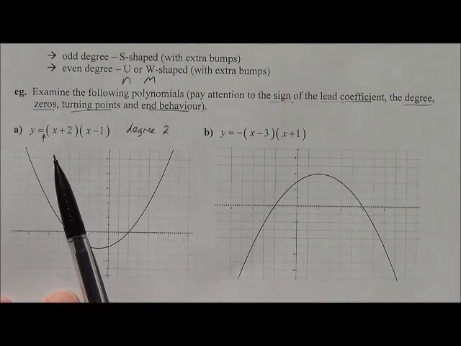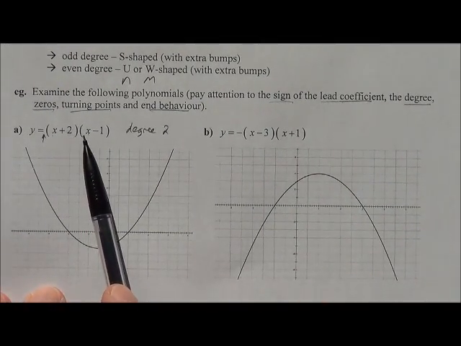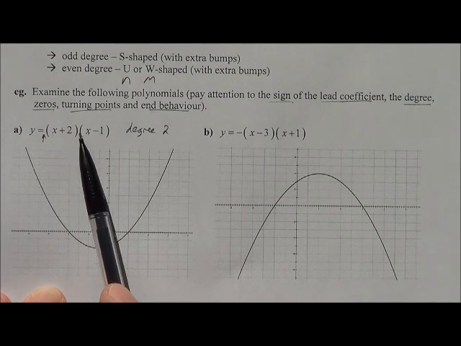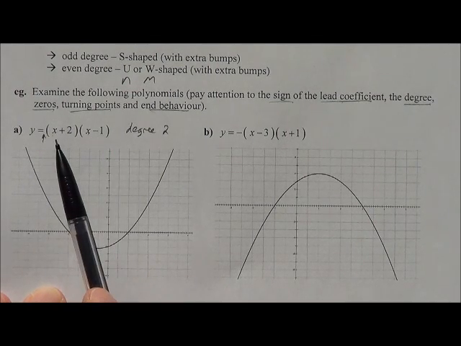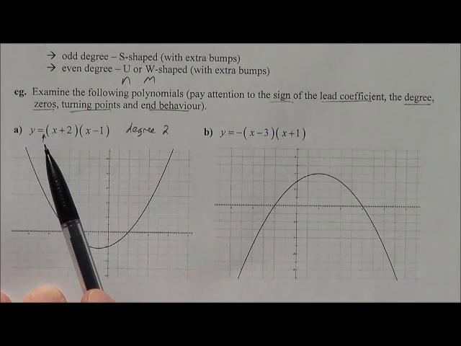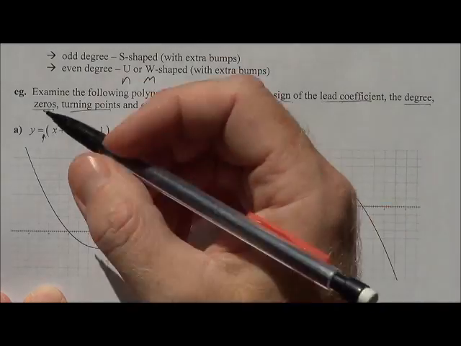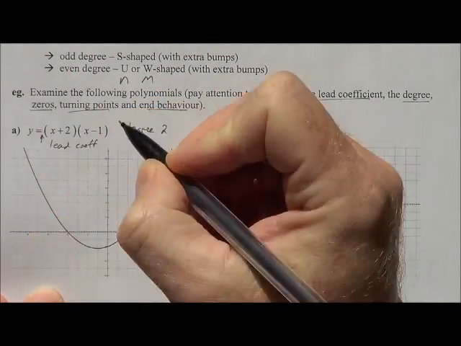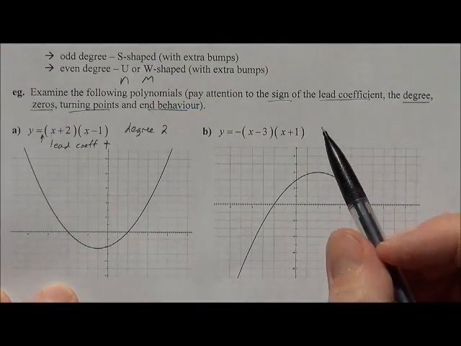We've got x plus 2 times x minus 1. If we expand that out, we get x squared plus x minus 2. That x squared is the highest power, and the coefficient in front of it is positive. So the lead coefficient is positive.